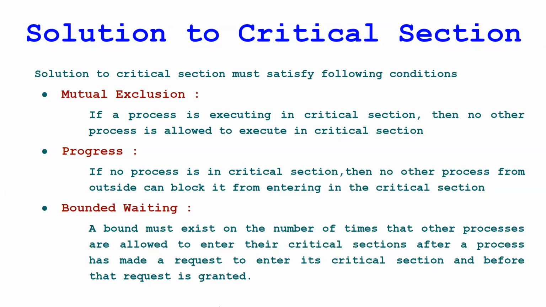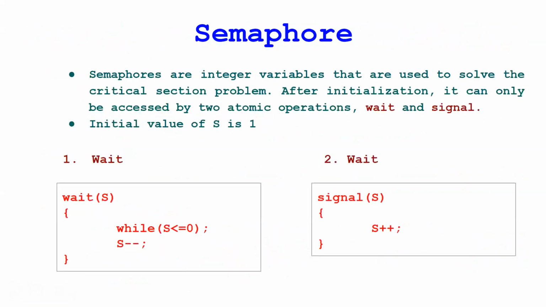In that case, we need to set some kind of time, or set how many times one process can enter into the critical section. So a bound must exist on the number of times that other processes are allowed to enter their critical section after a process has made a request to enter its critical section and before that request is granted, right? So these are the three conditions to solve the critical section problem.